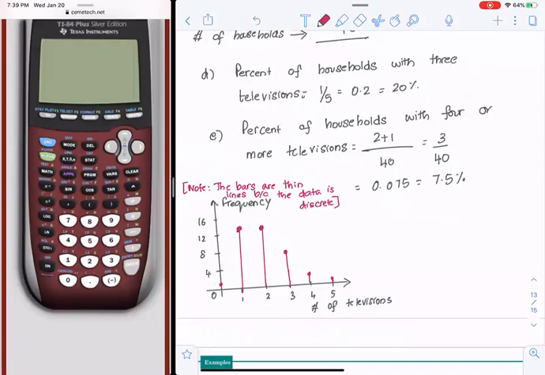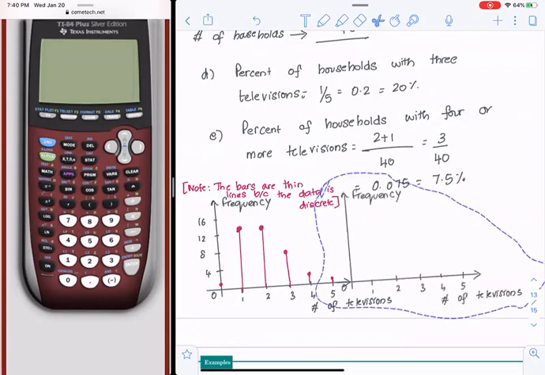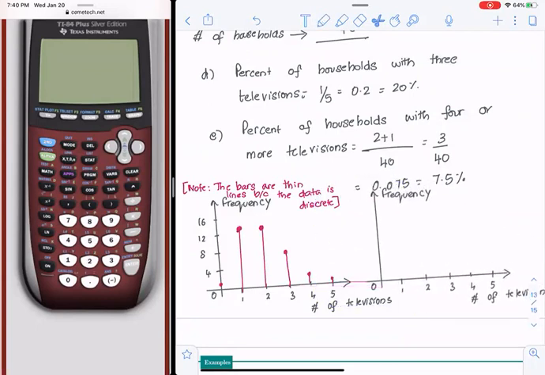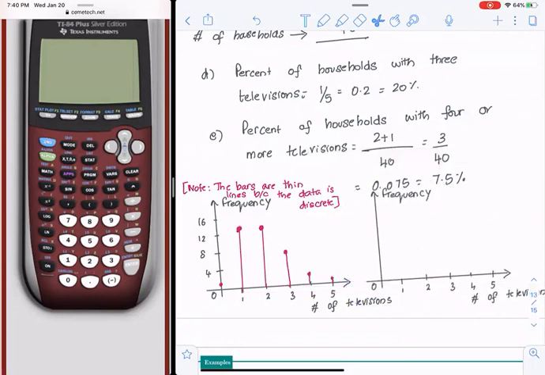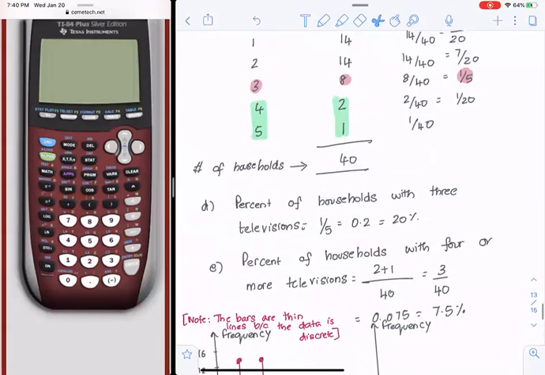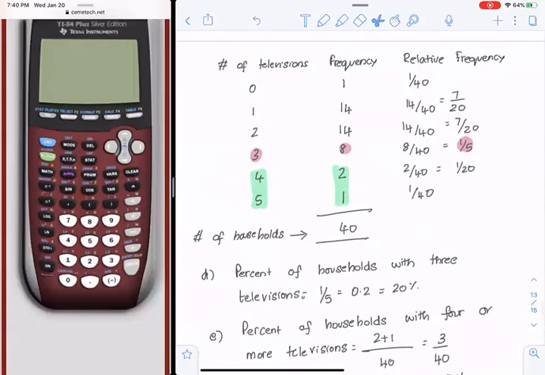Now, I could take this and convert it to a relative frequency distribution. So the only difference, if you pay close attention, between a frequency distribution and a relative frequency distribution is that in the relative frequency distribution, they're all percentages. A frequency distribution contains frequencies.